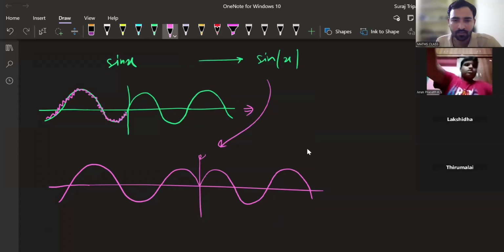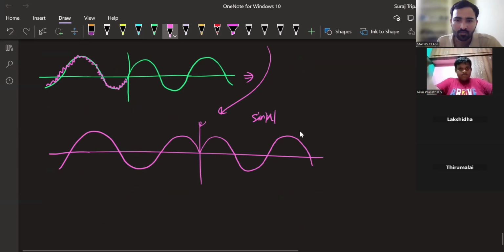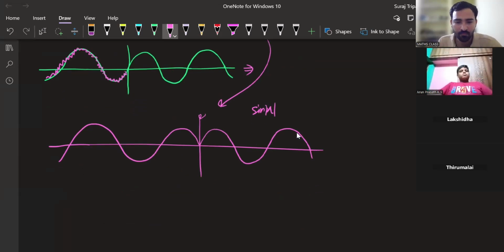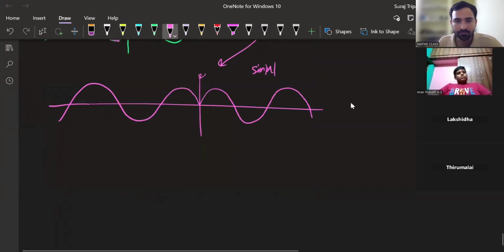This is the graph of sine of mod x. Okay, so let's take one more example.